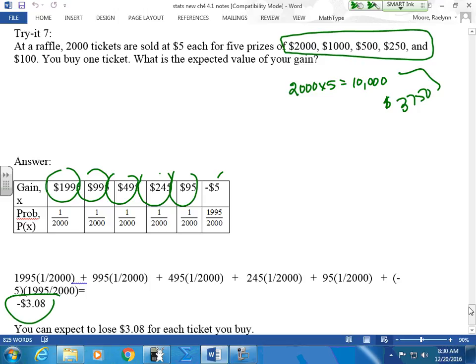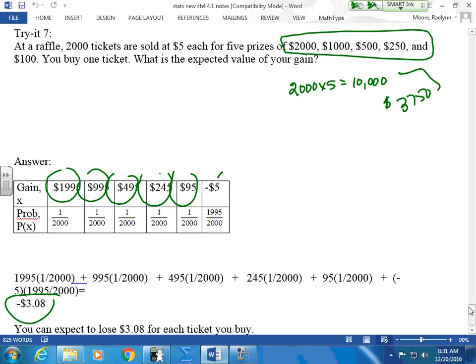Yeah. I have to be a net loser. The only thing that would make me be a net gain is if my prizes added up to more than I spent. Right? If they did like 12,000 plus 10,000 plus 5,000 plus 2,500. If they added up to more, I'd be a net winner. But if they give me this, I'm a net loser.